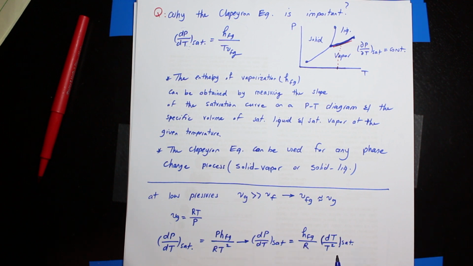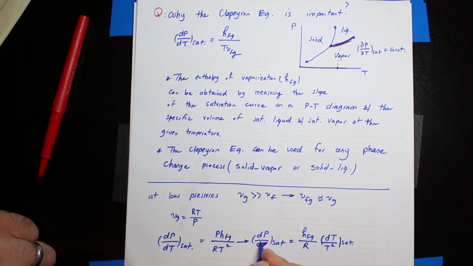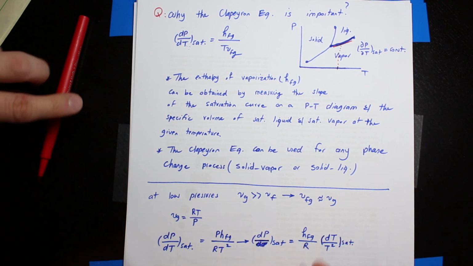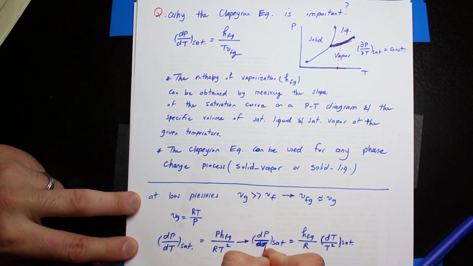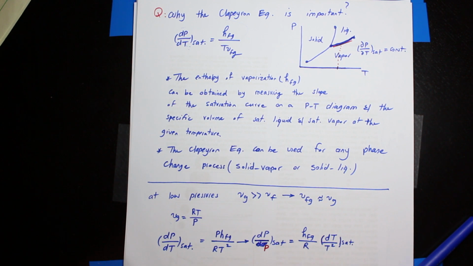Where is my pressure? Oh, on the left hand side I have dP over P. This should be pressure, sorry about that. The denominator on the left hand side is in fact the pressure. I made it another color so you know what is happening on the left hand side. So the left hand side says dP over P during saturation is equal to HFG over R times dT over temperature squared during saturation. This SAT is supposed to be a subscript here.